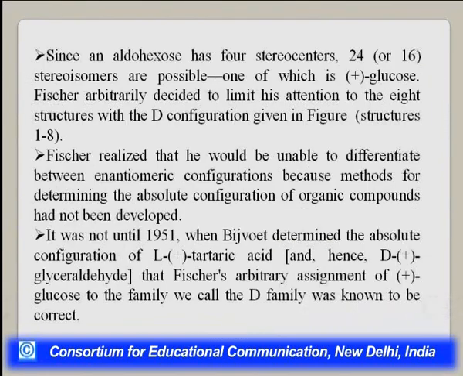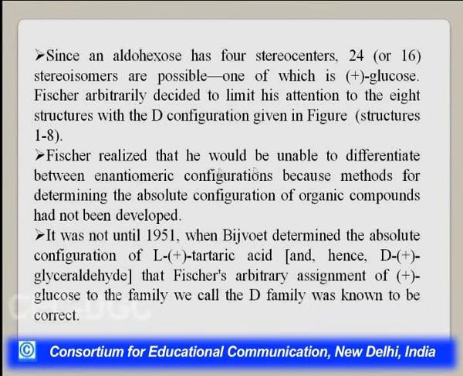How? Since an aldohexose has 4 stereocenters, 16 stereoisomers are possible, one of which is glucose. Fischer arbitrarily decided to limit his attention to only 8 with the D configuration given in the figure. First of all, he took only 8 structures arbitrarily. It was not decided as written.